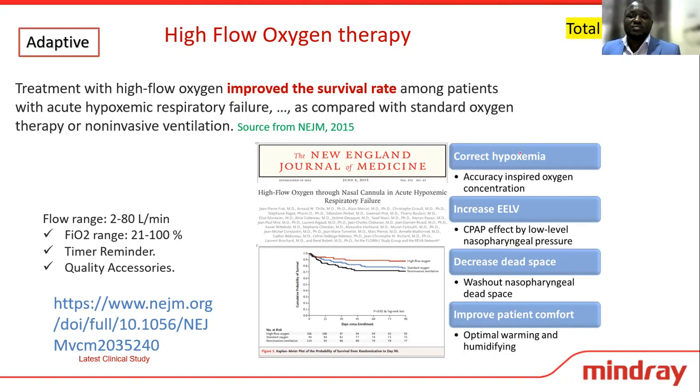It corrects hypoxemia, and it will increase the end expiratory lung volumes through the CPAP effect, decrease the dead space, and lastly, improve the patient's comfort in view of humidification, active humidification.